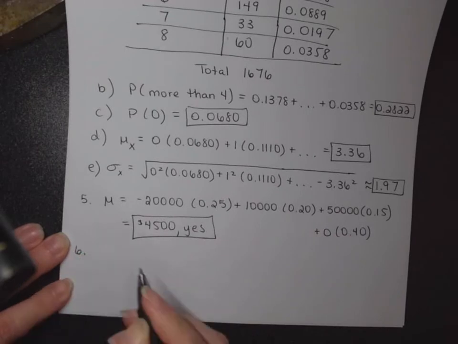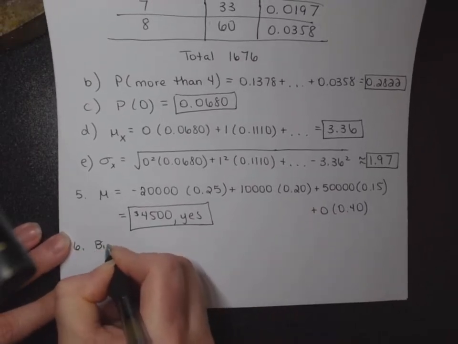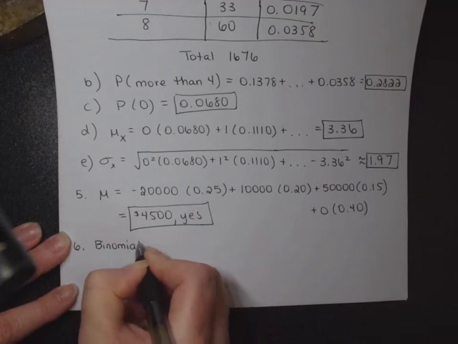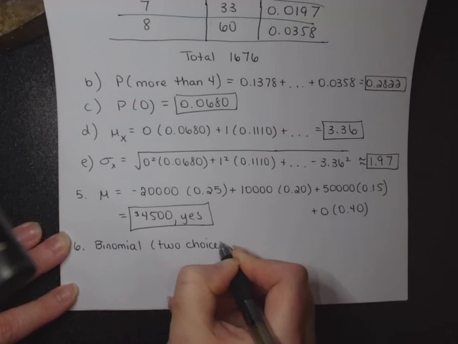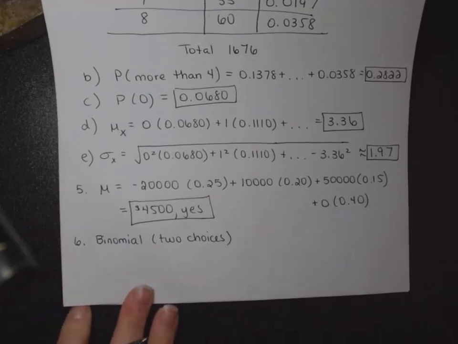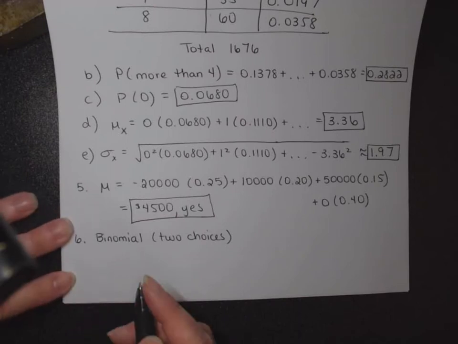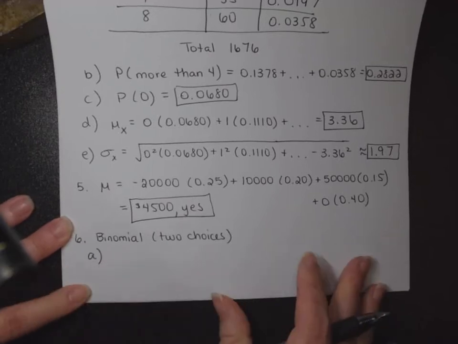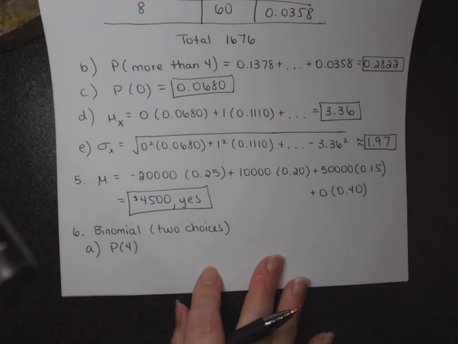All right, so number 6, you need to recognize number 6 as a binomial. Remember, binomial means 2 choices. So if there are 2 choices, then we use our binomial formulas off the formula chart, the binomial probability formula. So for part A, if we want the probability of 4, now these are true-false questions, right?